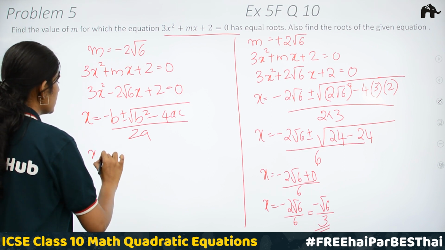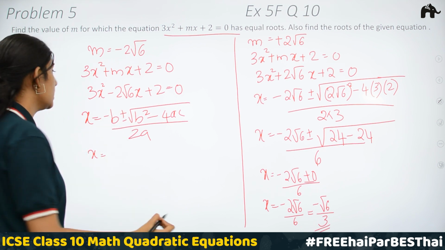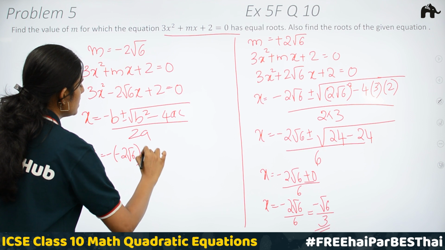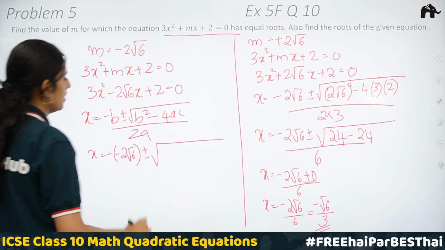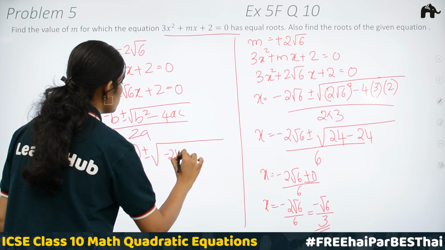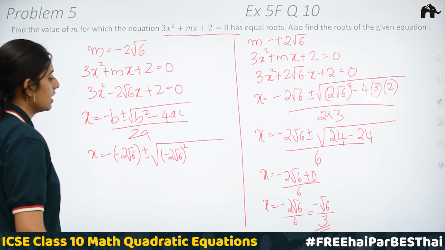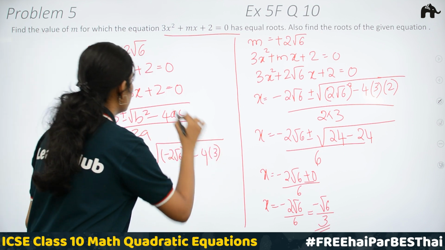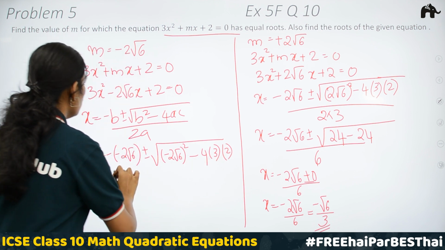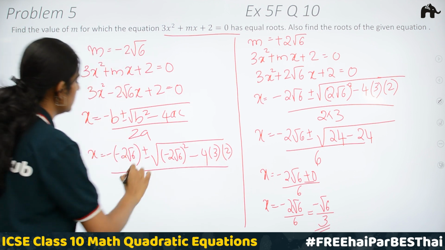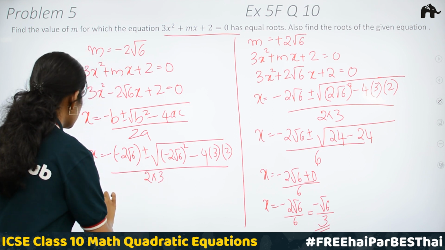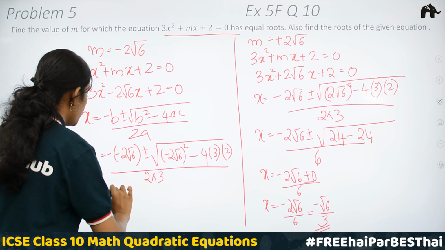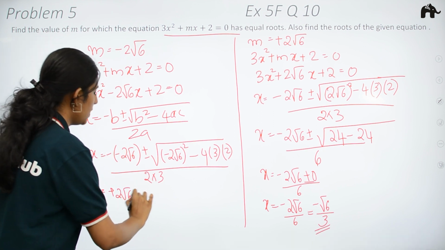On substituting, we get x is equal to minus b, minus of minus 2 root 6, plus or minus root of b square, that is minus 2 root 6 whole square, minus 4 into a into c. a is equal to 3 and c is equal to 2. Whole divided by 2a, 2 into 3. x is equal to minus of minus 2 root 6, that is plus 2 root 6, plus or minus.